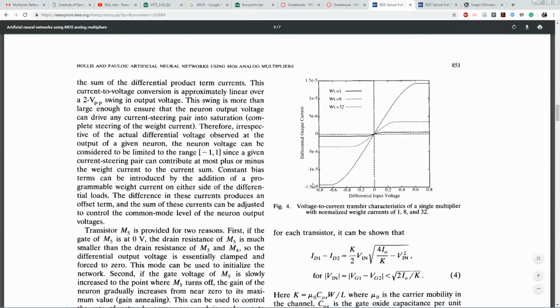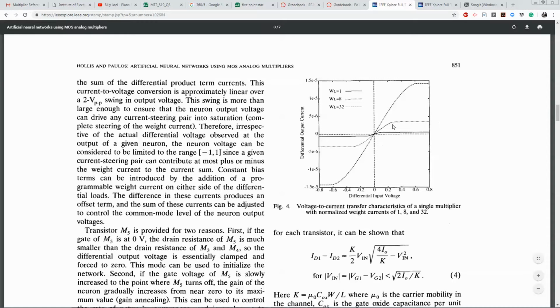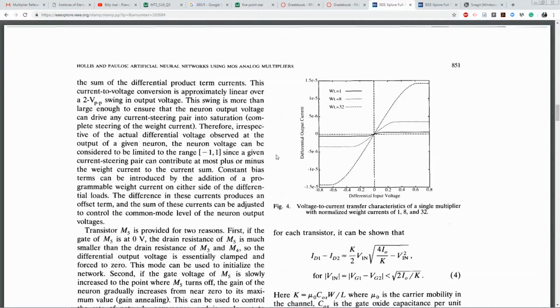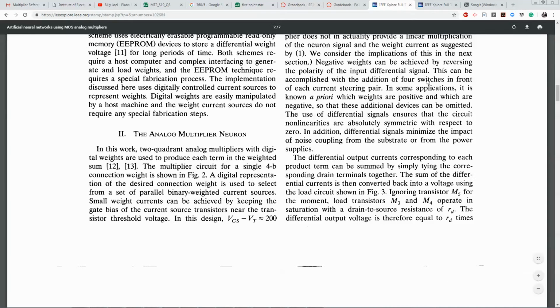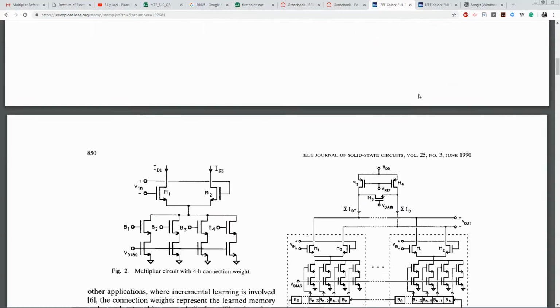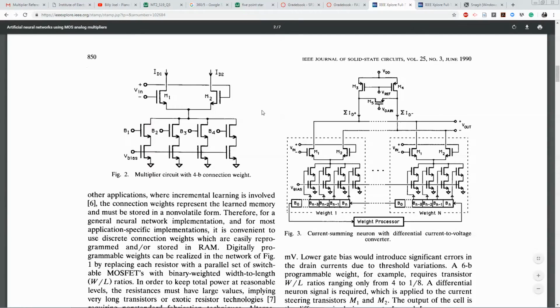What makes me think that is in this chart, they're sweeping the voltage, and then you get this kind of linear regime, but then it saturates, which could be what they want because this kind of function looks like a thresholding function that other neural networks want, where really our whole neuron is a switch, the threshold. But anyway, if you look through, they'll call it a two-quadrant multiplier.